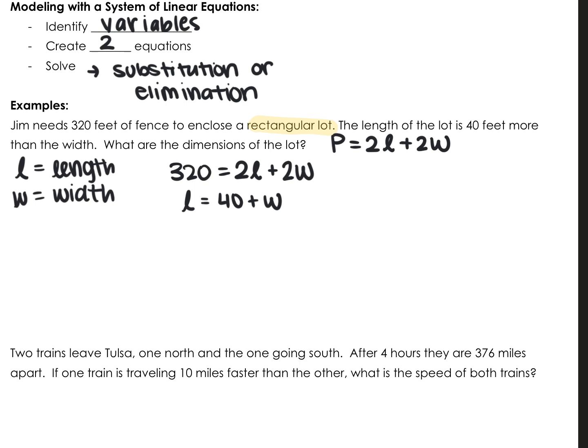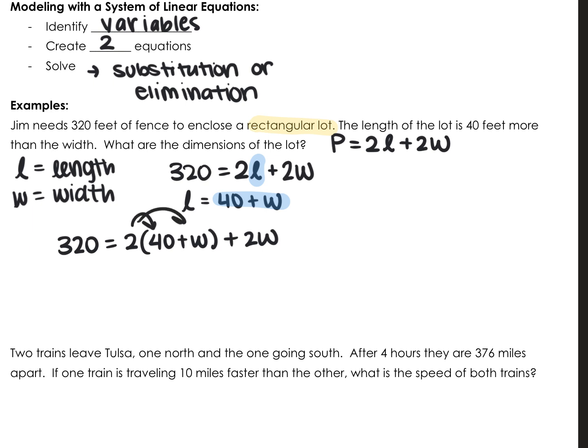So the way that this question is worded, it's set up perfectly for substitution. I'm going to take my 40 plus W and plug it in for L in my equation. So we get 320 equals 2 times 40 plus W plus 2W.